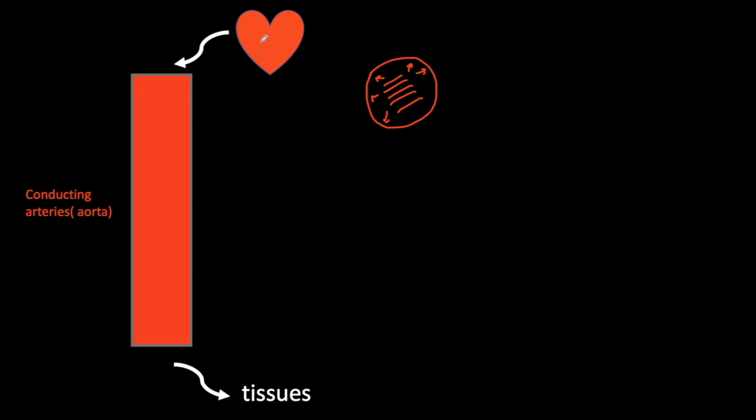As you see in the picture, two factors, our heart and the blood that is sent to our tissues, determine how much blood, the amount of blood, the volume of blood which is in our conducting arteries.